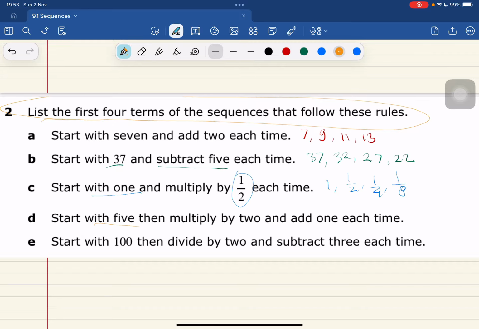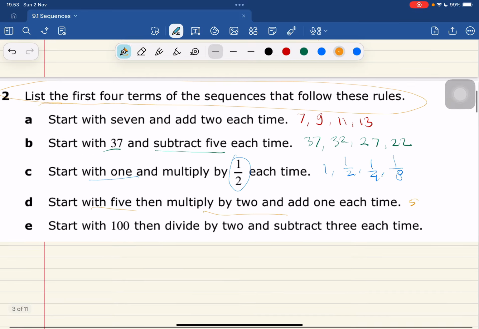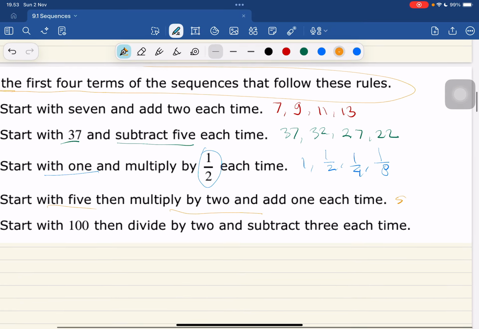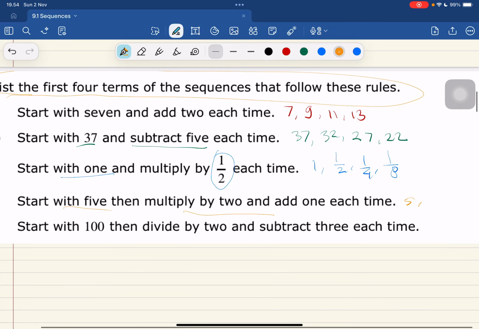Next, start with 5. Then multiply by 2 and add 1 each time. So 5 times 2 is 10, plus 1 is 11, 11 times 2 is 22, plus 1 is 23, 23 times 2 is 46, 46 plus 1 is 47.